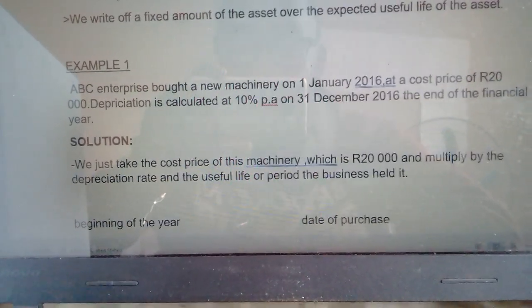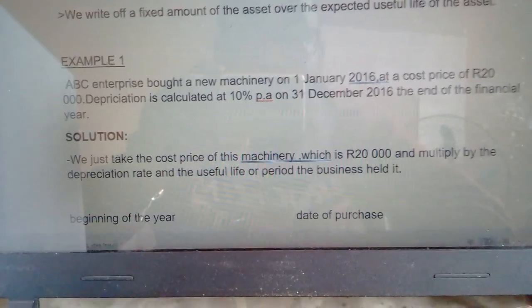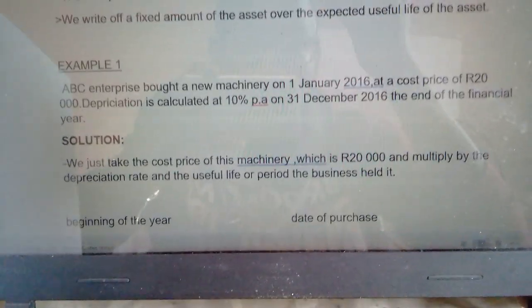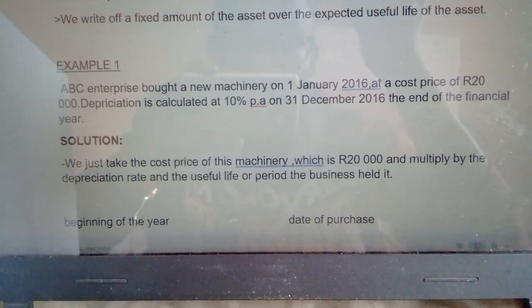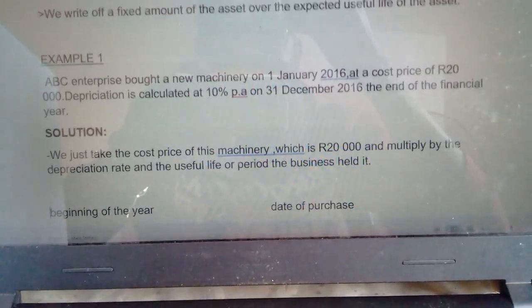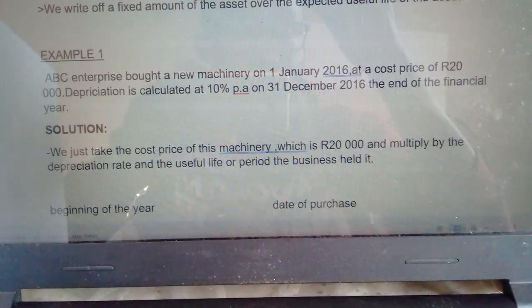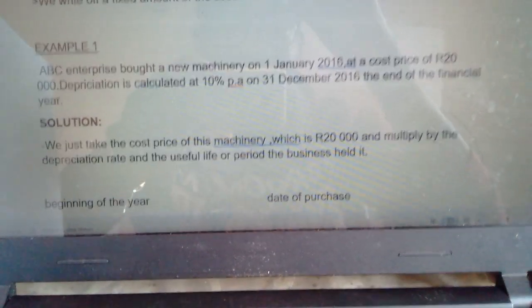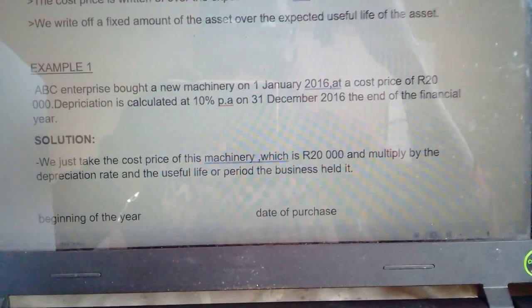Depreciation is calculated at 10% on cost method, at 31 December 2016, the end of the financial period. First, we take the cost of the machinery, which is 20,000, and multiply it by the depreciation rate and the use full life, which is the period it has spent inside the business.